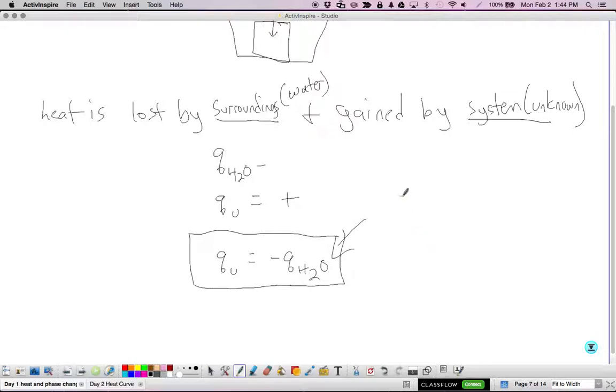Start with the conservation of energy statement. Okay, this is very, very important for problems where heat is transferred.